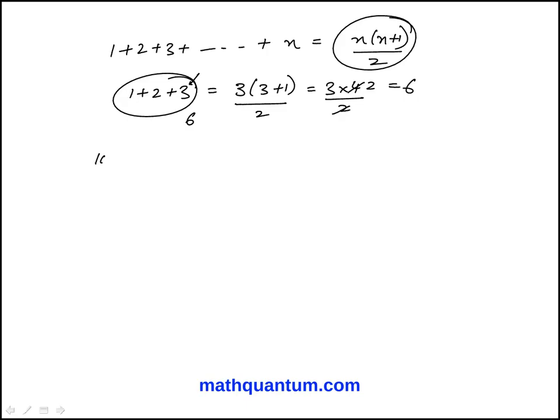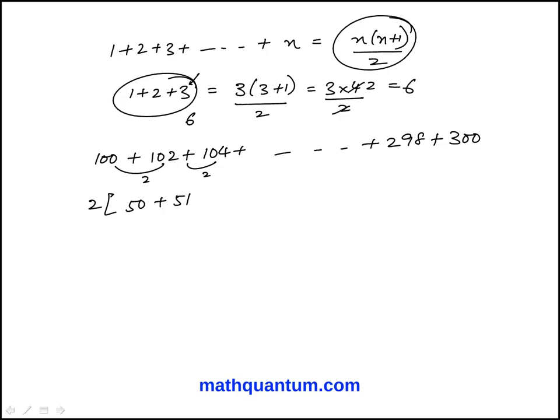So we're asked to find the sum of 100, 102, 104, all the way to 300. Now they're all even, spaced apart by 2. Now if I were to factor out a 2, and I think this is where you have to play with this expression, meaning, how did I notice that I have to factor out a 2?